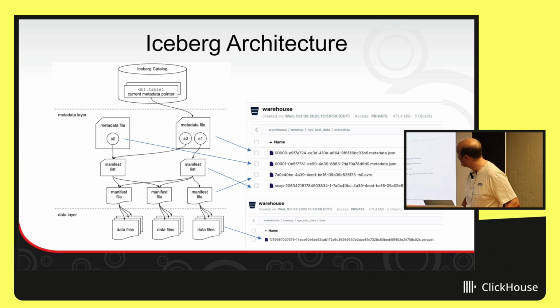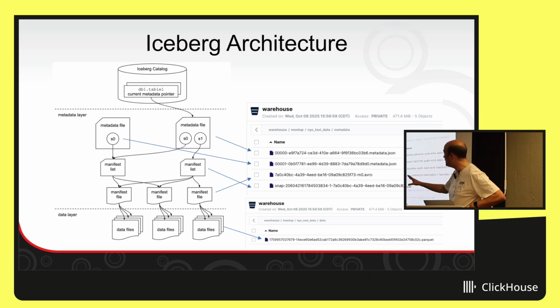Iceberg needs a catalog that gives you the latest version of the data. And then it stores the data in different layers. There's the metadata layer and there's a data layer. But the interesting thing is that everything is stored on an object store. So this on the right is MinIO. That's basically my demo.